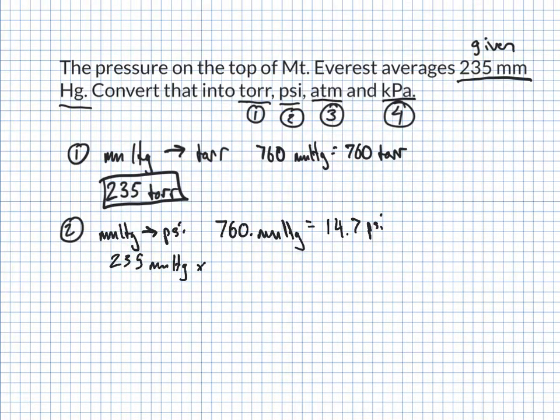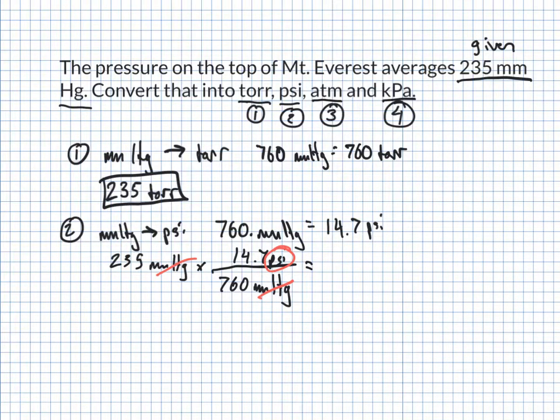And if that's in my numerator, then in my denominator, I need to have the 760 millimeters of mercury, and I need the psi in my numerator. So that's going to show that my millimeters of mercury cancels out, leaving me with psi.